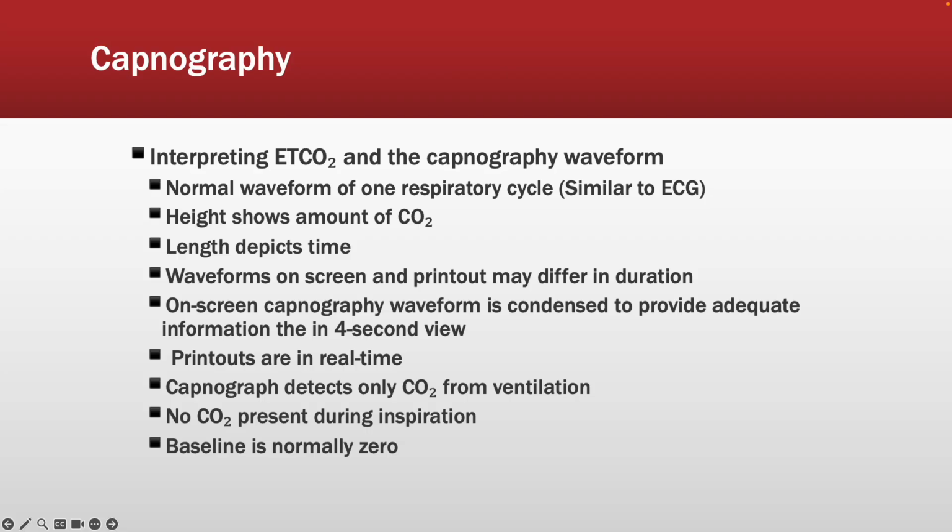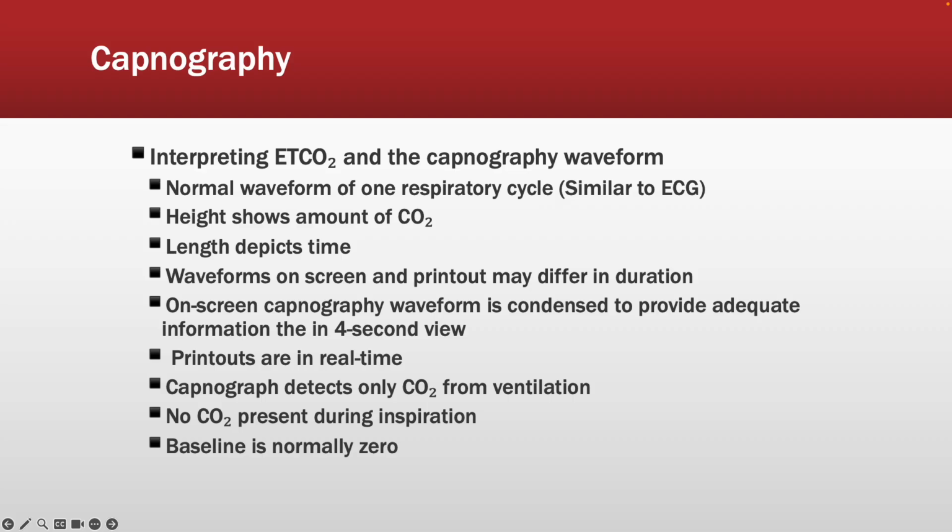So, interpreting EtCO2 and capnography waveform: the normal waveform of the respiratory cycle is similar to an ECG tracing. The height shows the amount of the CO2. The length depicts time. Waveforms on the screen and printout may differ in duration, so there may be some distortion there.